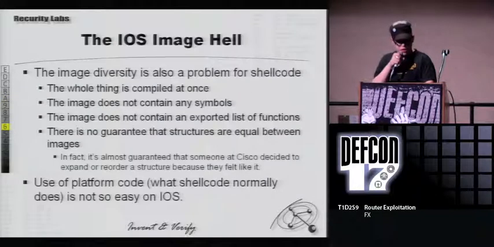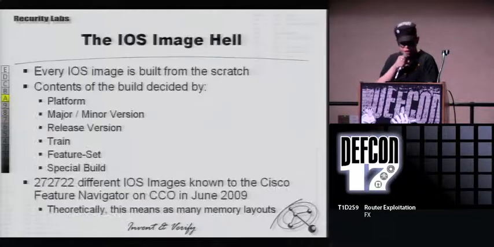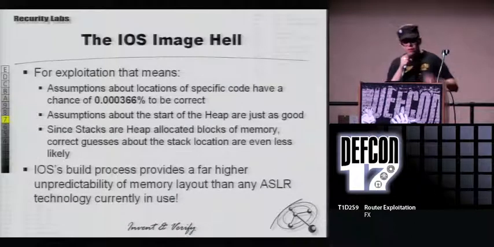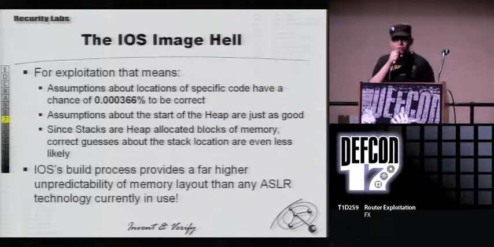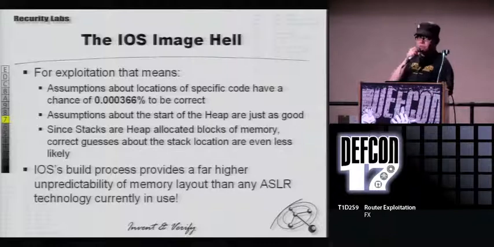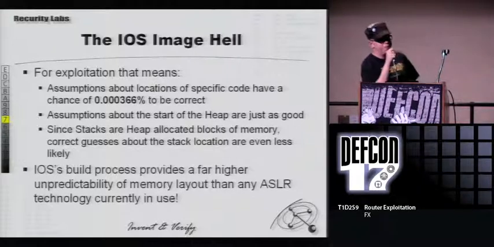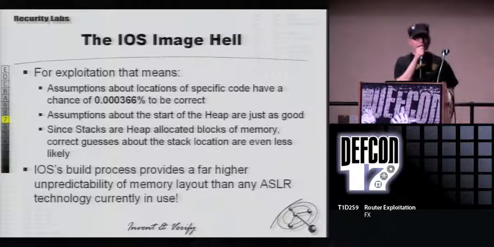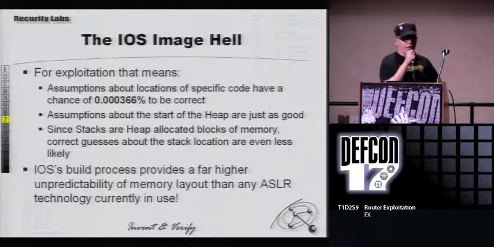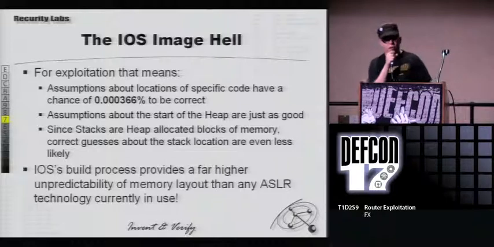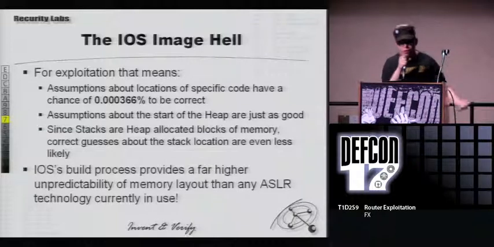So what is this doing here? For exploitation, that essentially means you have a chance of 0.000366% of having the right return address if you're considering return into libc. Great. That is not useful. And your assumptions about stack and heap are going to be as useless as well because you're basing them off an address that you don't know.